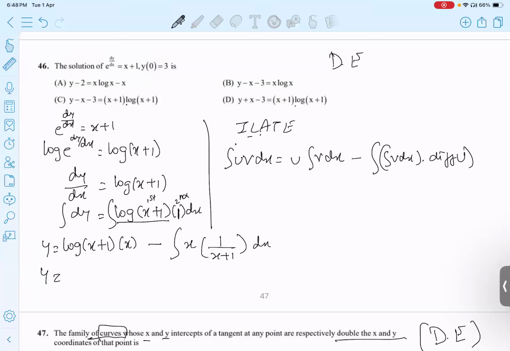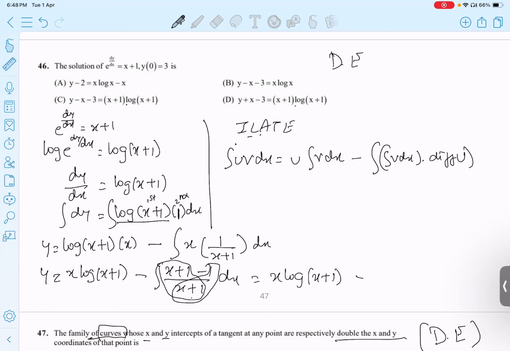See, y can be written as x into log of x plus 1 minus... If the numerator was x plus 1, then it would have been cancelled. So I will add 1 and subtract 1. So the fraction has been split into two parts, like x plus 1 by x plus 1. This can be written as integral of x plus 1 by x plus 1, which is 1.